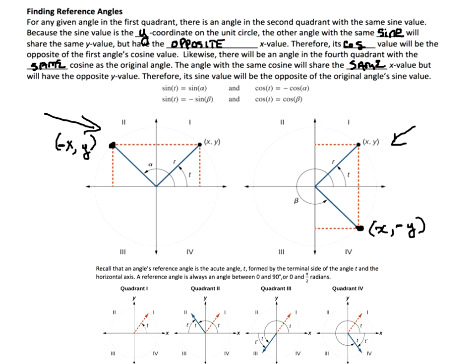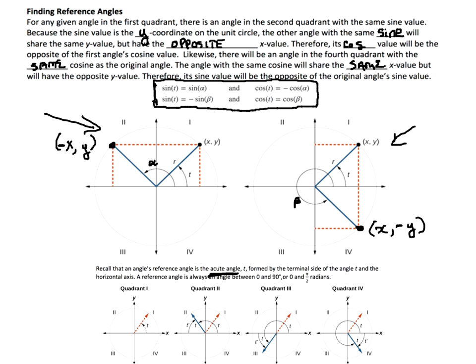Therefore, we get these relationships set up. The sine of t is equal to the sine of alpha, and the cosine of t has got to be equal to the negative cosine of alpha. Sine of t equal to negative sine of beta, cosine of t equal to the cosine of beta. And this one's alpha, and this one's beta here. So those are the relationships that are set up.